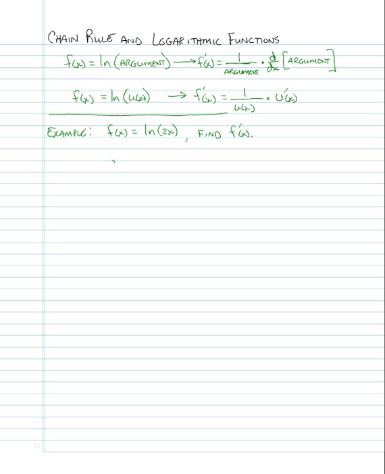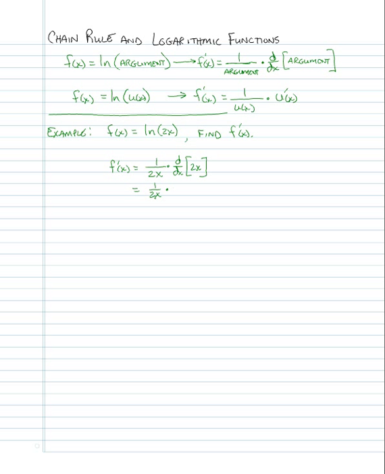So f prime of x is 1 over the argument, 1 over what we're taking the logarithm of, and then we multiply that with the derivative of the argument, the derivative of 2x. In this case, that's 1 over 2x.